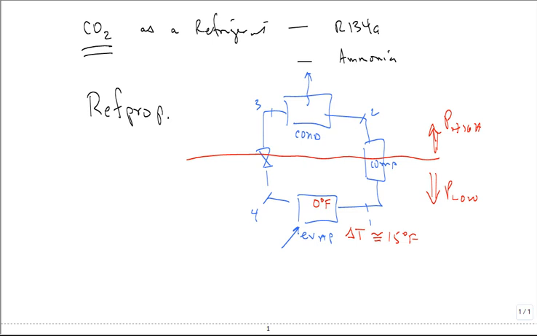So you would be passing maybe air over this evaporator coil, and that air would be coming out at around 15 degrees F, 15 degrees higher than 0 degrees F. And maybe it would pass through the room that you're freezing the product in, and maybe it would pick up another 10 or 15 degrees and come back.